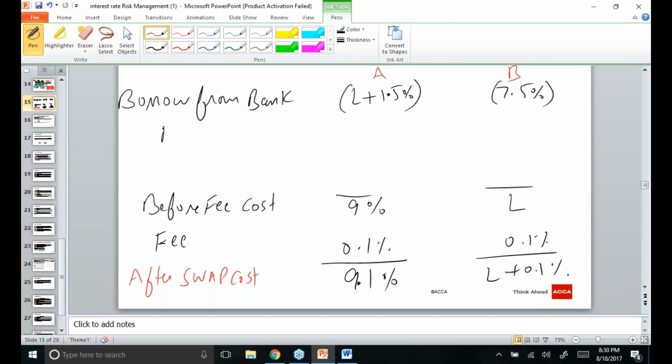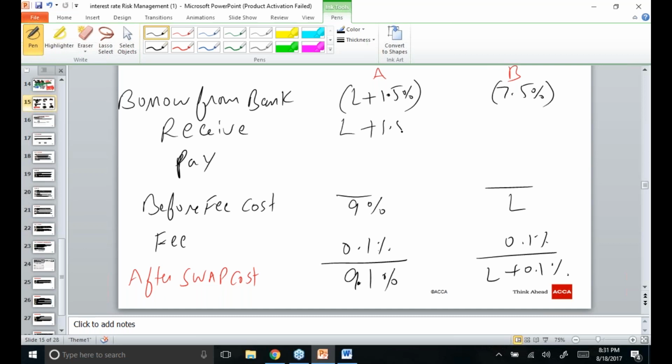So now you have to fill the blanks, like what you're going to receive or what you're going to pay. You will have to take one assumption, and then you just fill in the balancing figures. So I'm assuming that the company which is paying the floating rate will receive the exact floating rate from the counterparty.